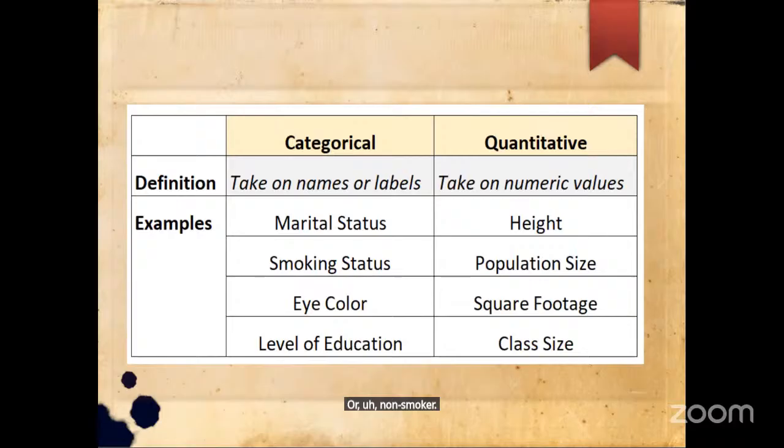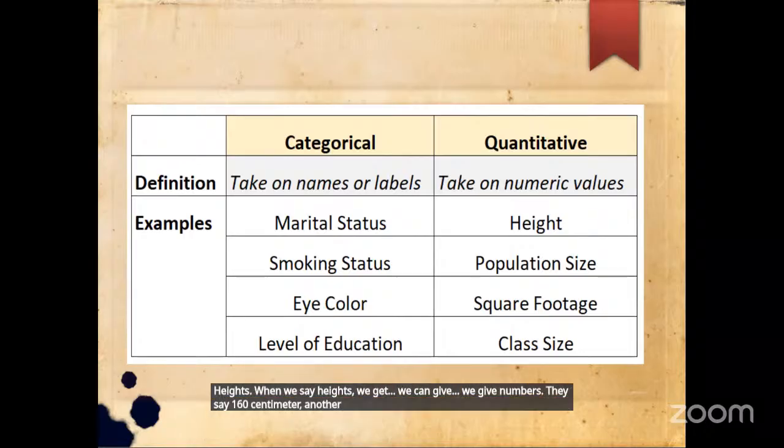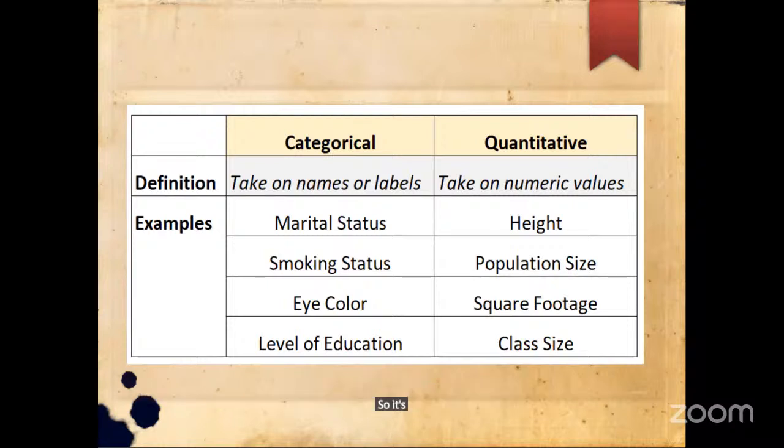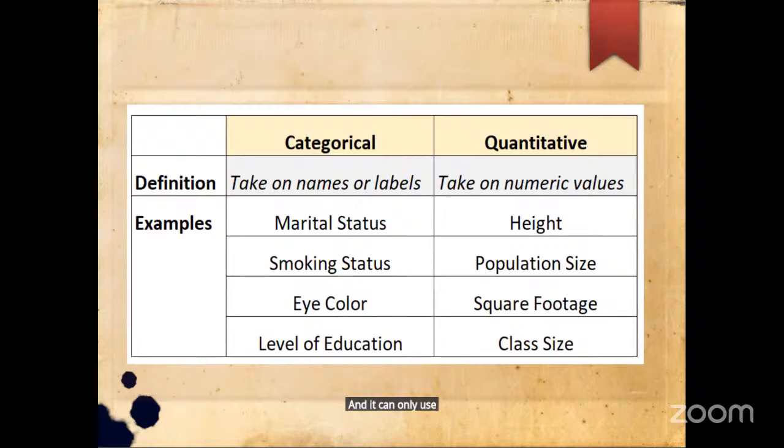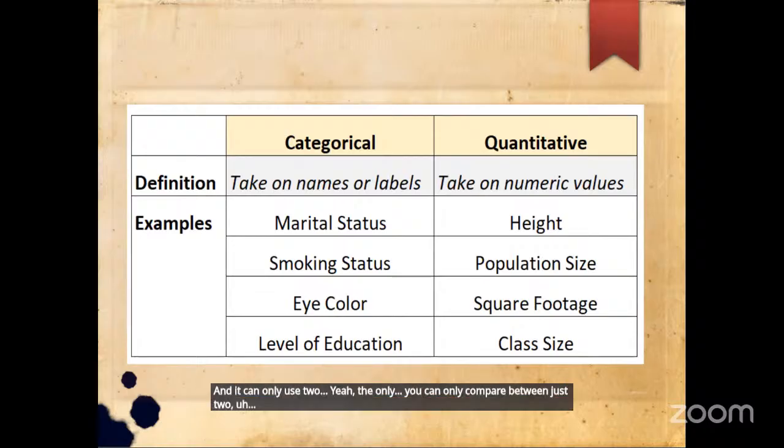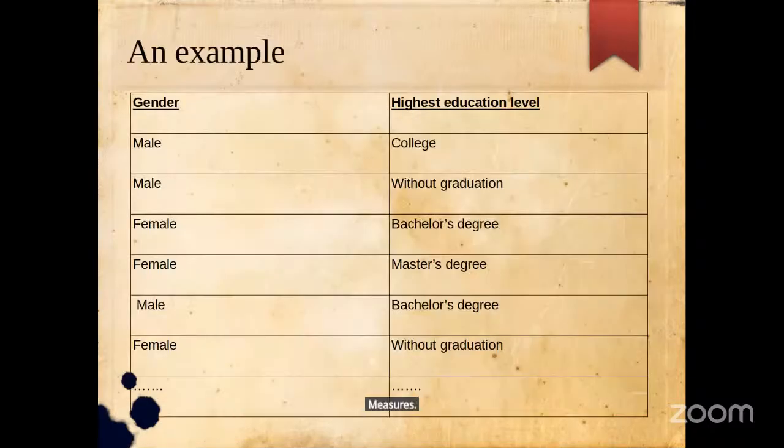While in the quantitative or continuous type, take heights. When we say heights, we give numbers: 160 centimeters, another one 160.5 centimeters, 170 centimeters. So it's a continuous variable. In chi-square, the variables have to be categorical, and you can only compare between just two measures.